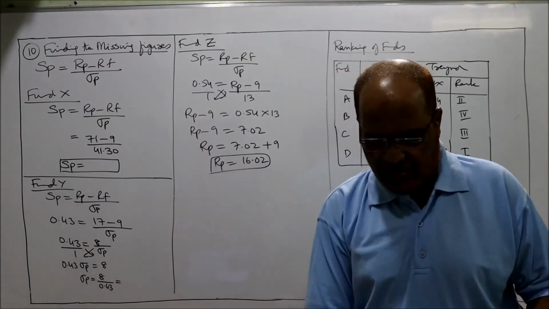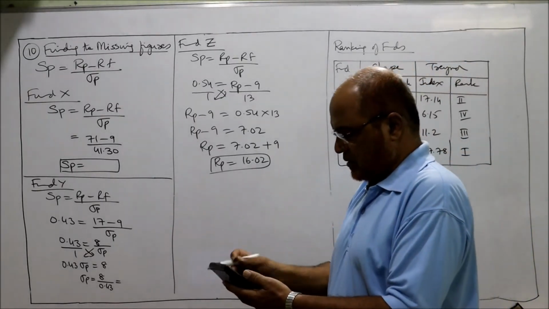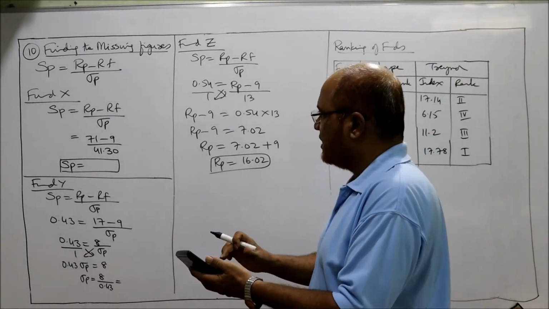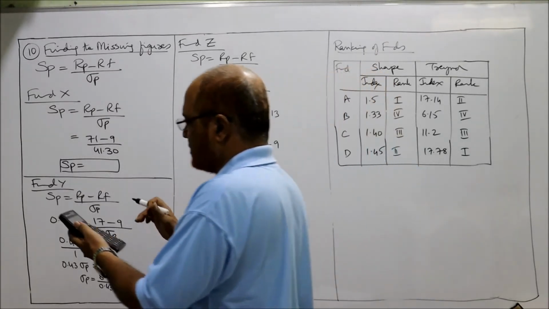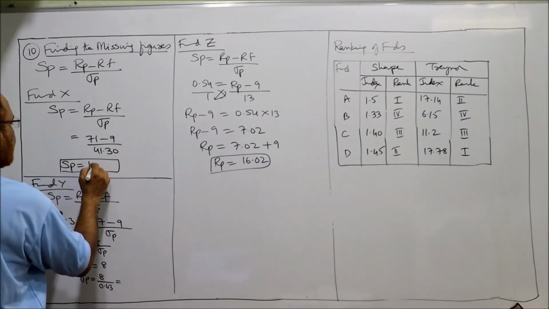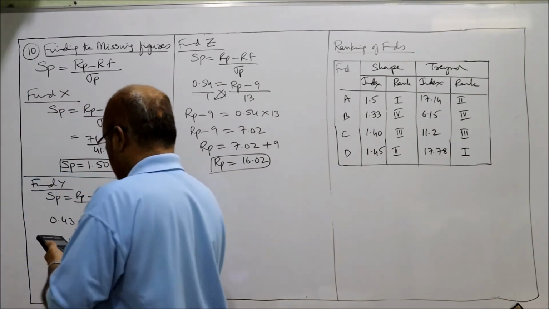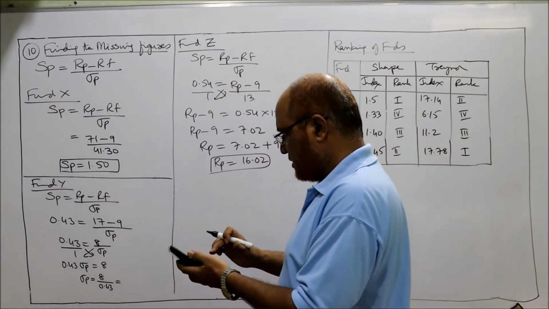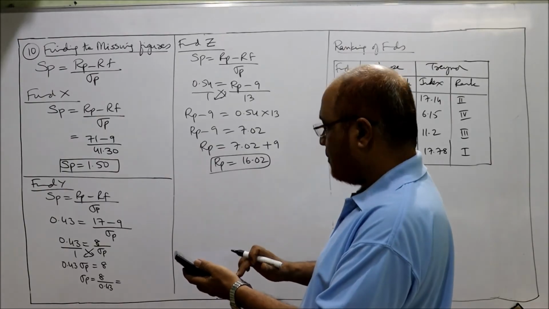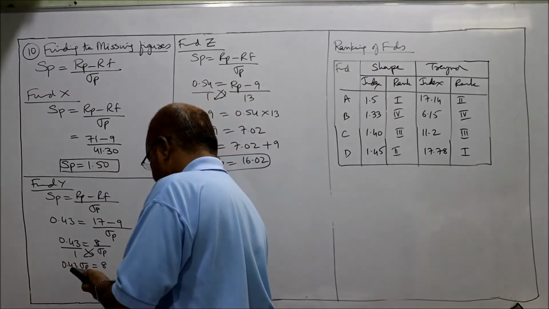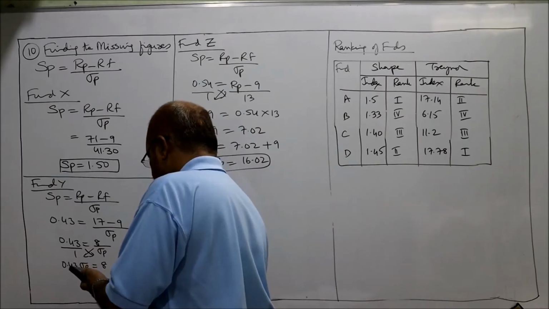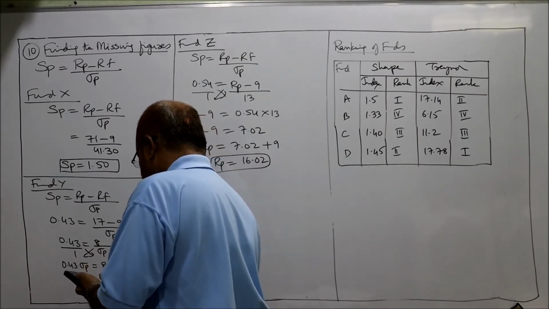Here 71 minus 9 divided by 41.3 comes to 1.50. And here 8 divided by 0.43 is 18.60.